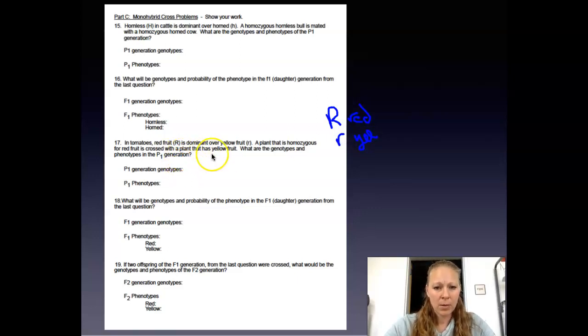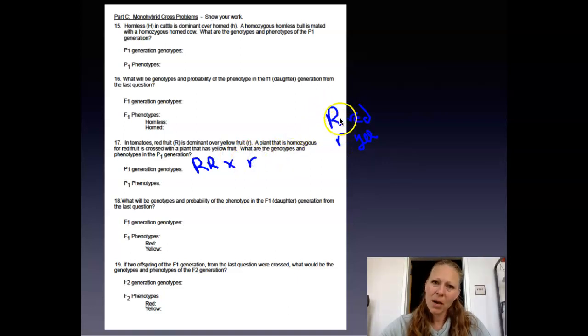So our P1, our parent generation, or our parent genotypes, a plant that is homozygous for red fruit. So homozygous for red, so big R, big R. And we're going to put an X here, and this means that they're going to breed, is crossed with a plant that has yellow fruit. So if it has yellow fruit, it's going to have at least one little r.